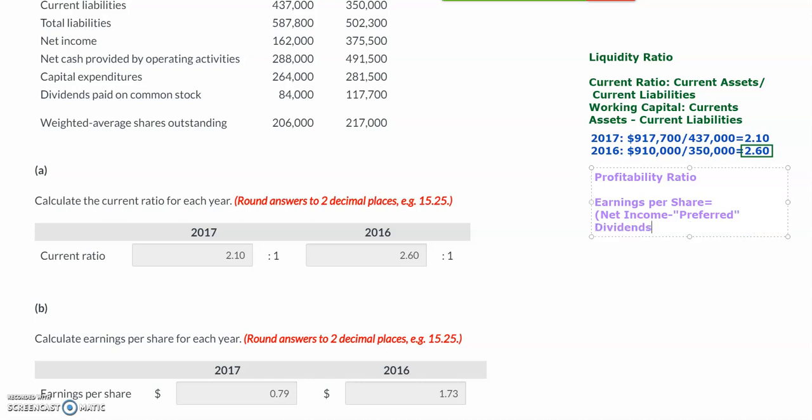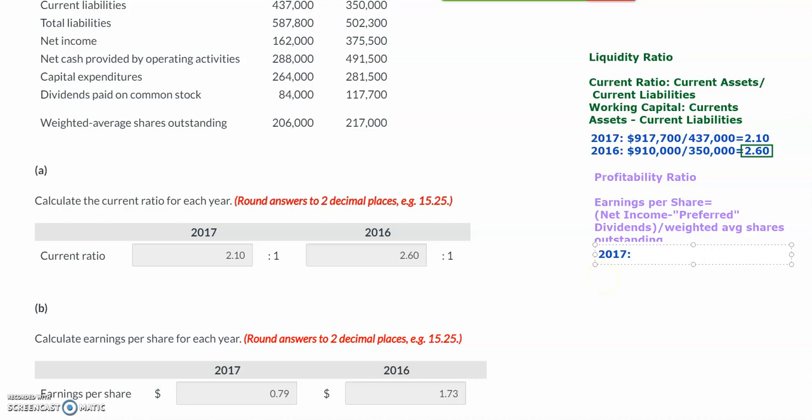Most of the examples in our introductory accounting class will have no preferred dividends, so it'll just be 0. And you're going to divide that by the weighted average shares outstanding. And we're going to go ahead and compute this for 2017 and 2016.